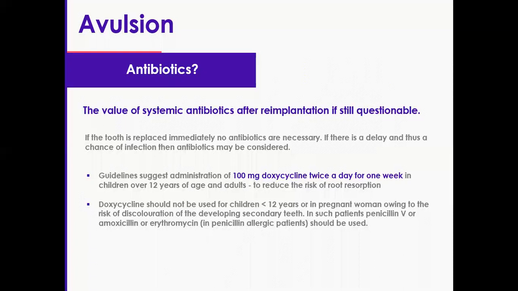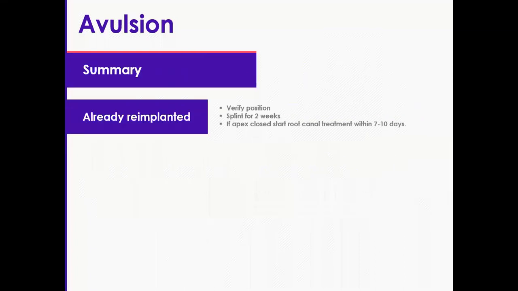In these circumstances, consider penicillin or amoxicillin if the patient is not allergic, or erythromycin if there's penicillin allergy. But always check the BNF for the most up-to-date advice, because what I'm saying now is what is happening right now. So make sure before any prescription, check the BNF.